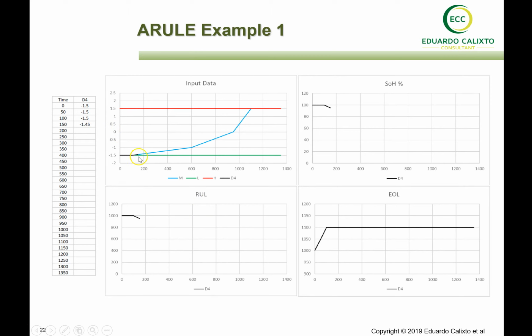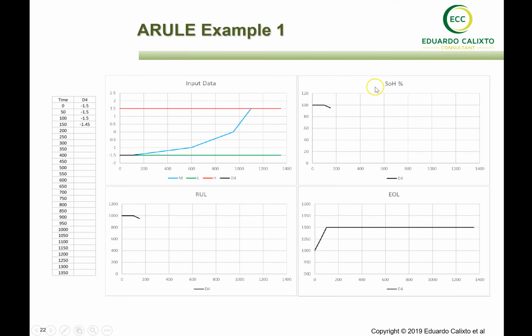Now let's look at when you have lower points. That is where the issues start: the points are now going above your operation limits. Your remaining useful life is now lower than 1000 days because you have one point here, minus 1.45. That degrades your remaining life from 1000 to 900 something.